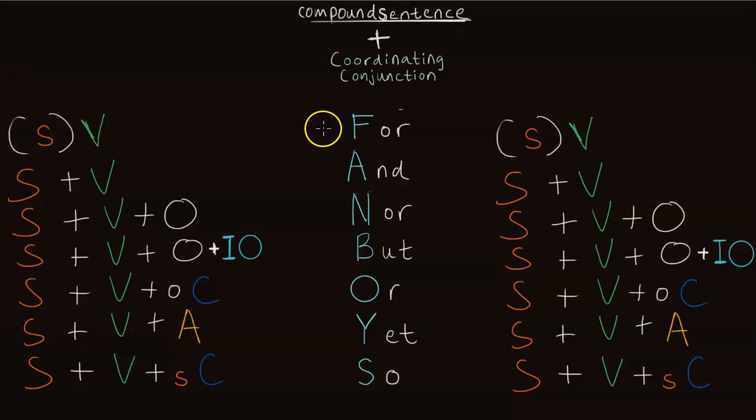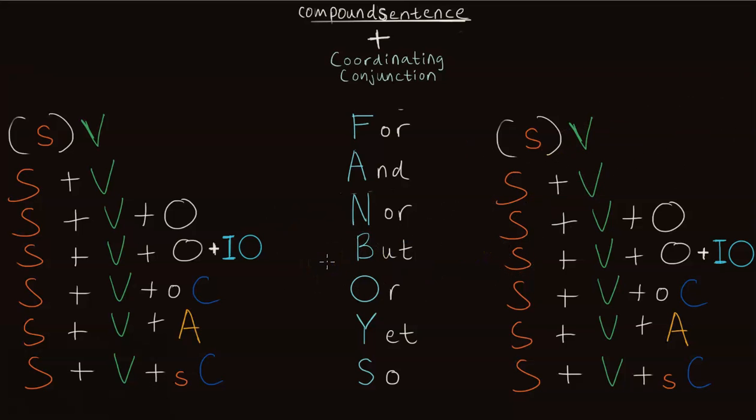You can try and remember the word FANBOYS to help you remember each coordinating conjunction if you like. It's a very common way of doing that, that people find easy. So the coordinating conjunction will come between the two independent clauses that make a compound sentence.